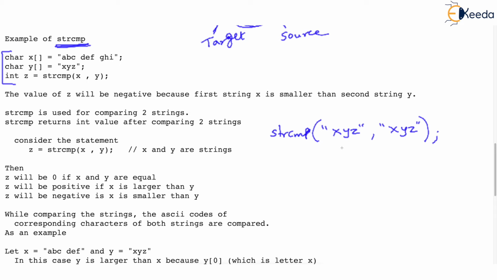Note, I am asking strcmp to compare xyz with xyz. But now we know that both strings are equal, exactly the same letters in both strings, and the length is also the same. So what will strcmp return? It's a function which returns an answer.